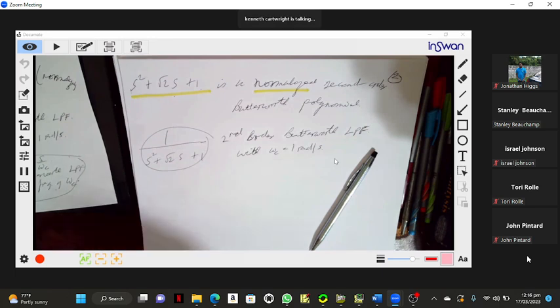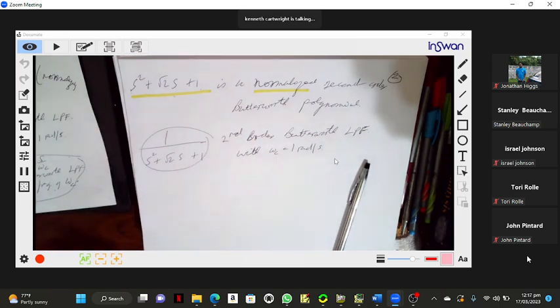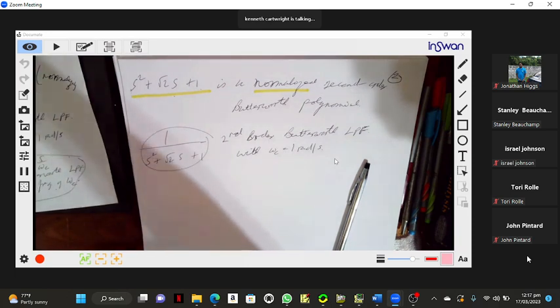Now, how do you make a second order Butterworth low pass filter with any cutoff frequency? Is it possible to unnormalize it? Yes, and I told you how to do that in the last example on page 1.